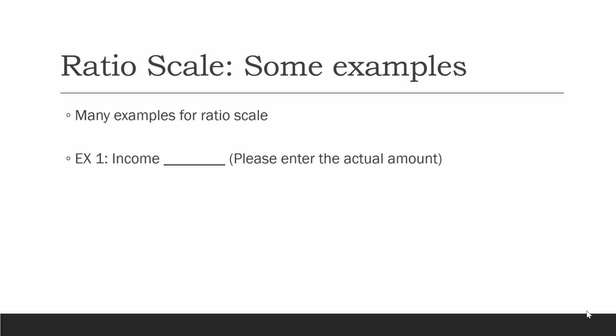Since income is a sensitive piece of information, it is not surprising that some respondents might choose to skip this question in your research. So again, income is a very classic example of ratio scale because, as you will see, income actually has an absolute zero or has a true zero.